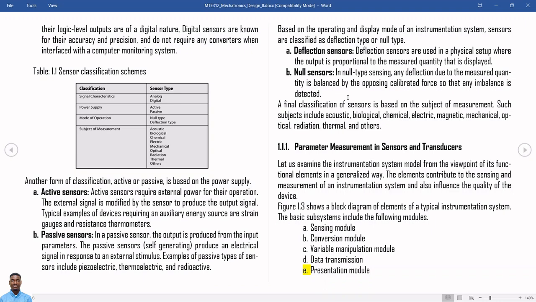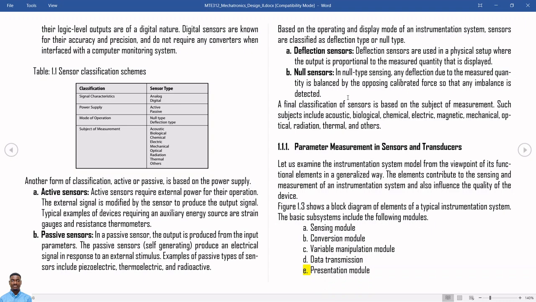You have a sensor used to measure a certain quantity, but you have an opposing force, a counterbalance, so that whenever the sensor measures something, the counterbalance is used to determine what is being measured.